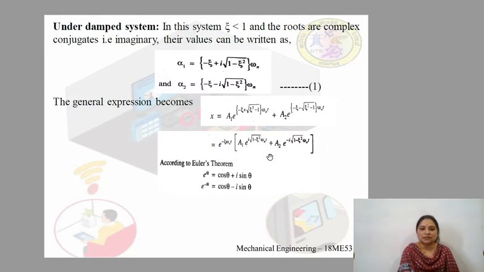Here, this can be further simplified by using Euler's theorem. We know that according to Euler's theorem, e to the power of i theta is equal to cos theta plus i sin theta. Also, e to the power of minus i theta is equal to cos theta minus i sin theta.